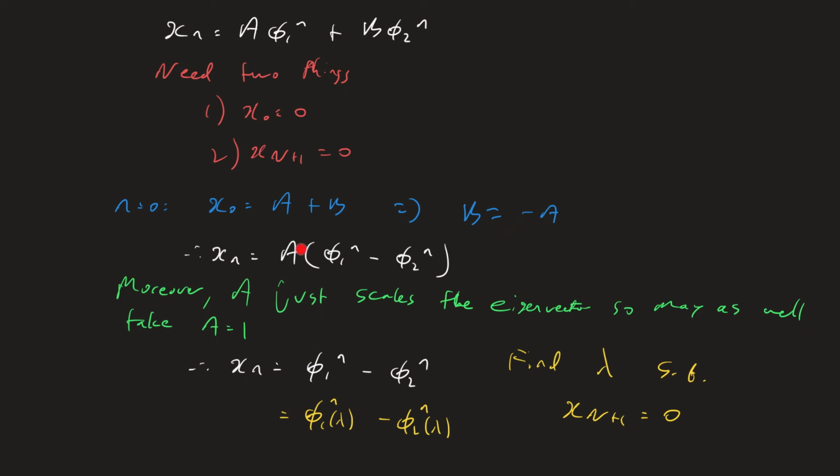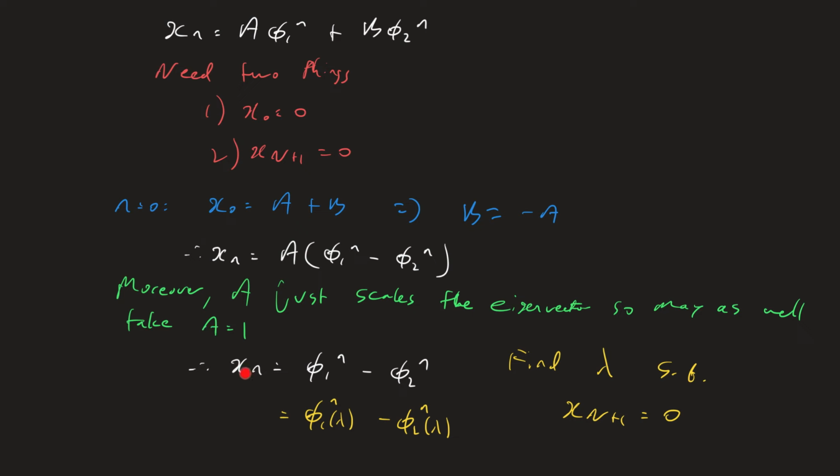So the value of A doesn't matter, and we may as well just assume it's equal to 1. The equivalent way of saying this is that we know that eigenvectors are only unique up to scale, so we can therefore double the eigenvector, halve the eigenvector, it still stays an eigenvector, and so we may as well just take A equal to 1.